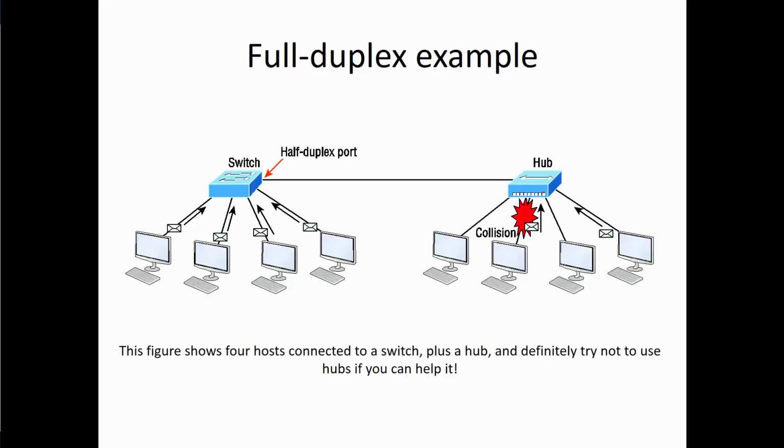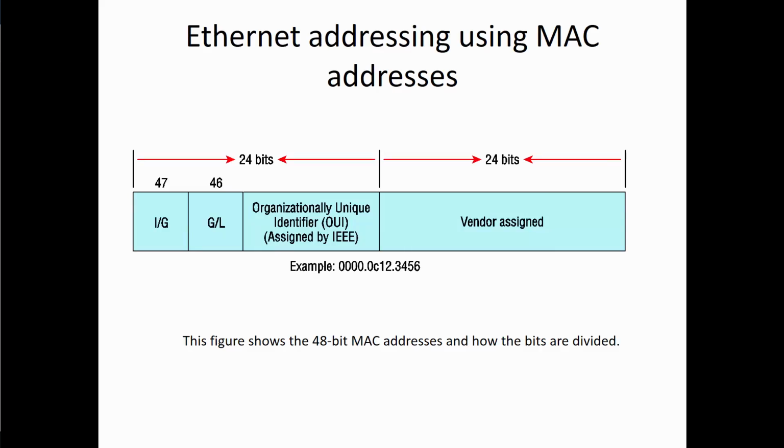So let's talk about a MAC address. What is a MAC address? A MAC address is a 48-bit physical address that allows us to have a layer 2 address. And normally it's broken up into two 24-bit sections.